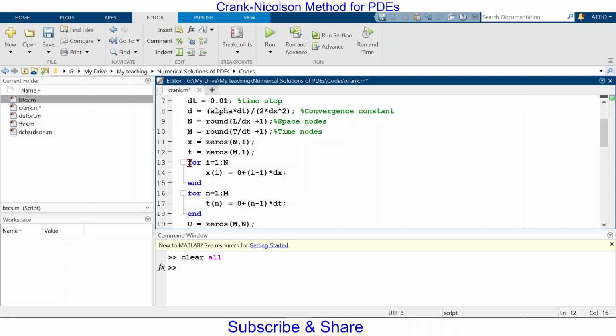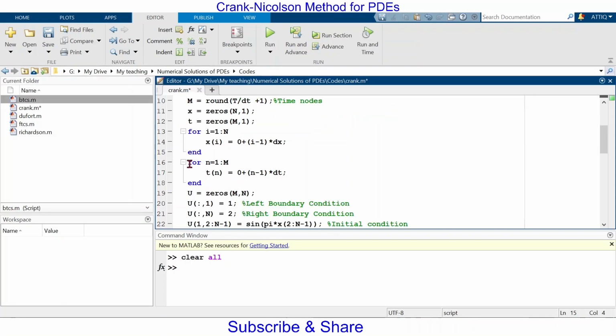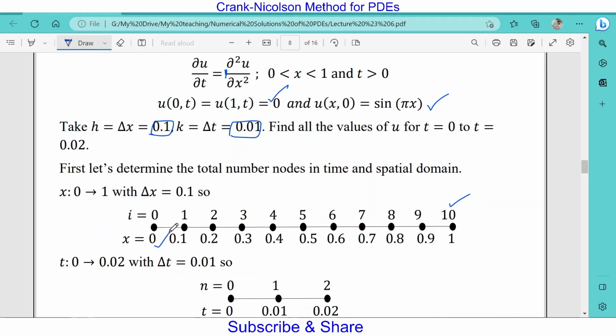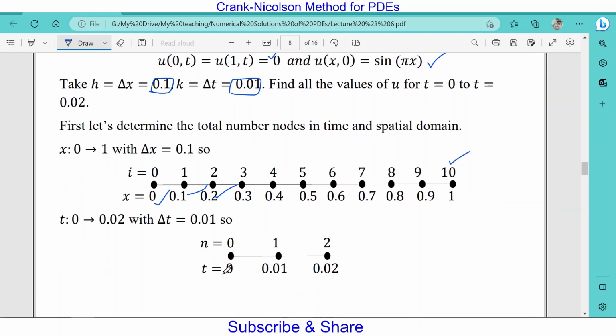We are creating the space mesh here, and this is the time mesh here. This just defines the values of x at the particular node. For example, at the first node the value of x is 0, at the second node it is 0.1, and 0.2, like this, and the same goes for the time mesh.